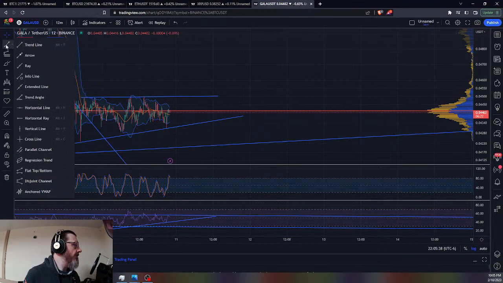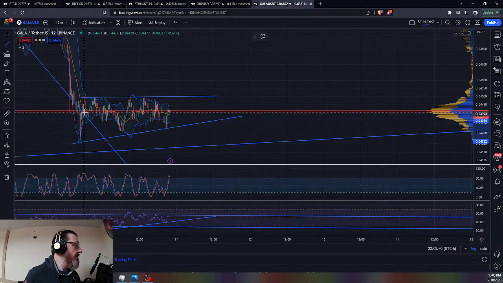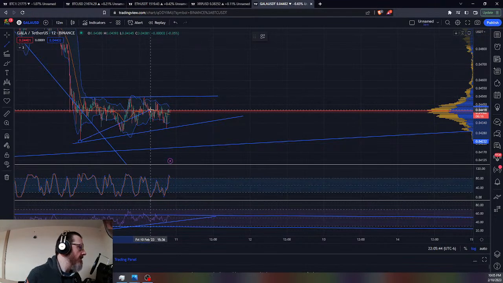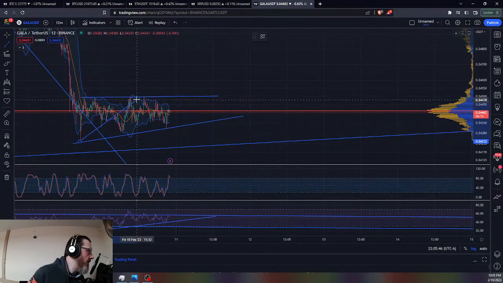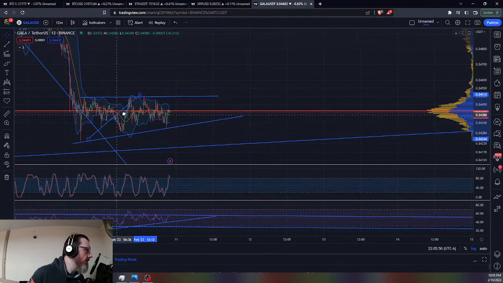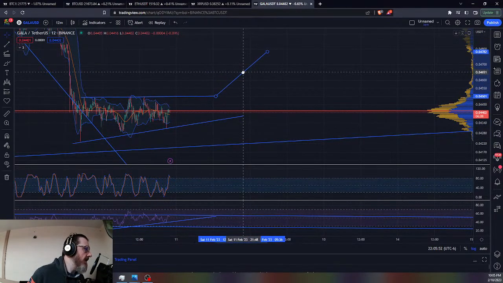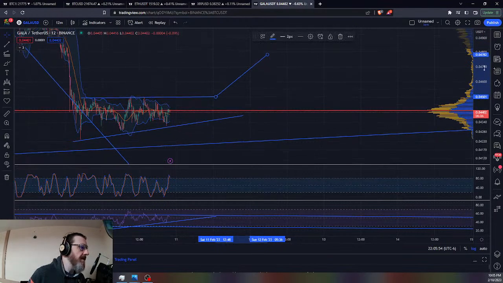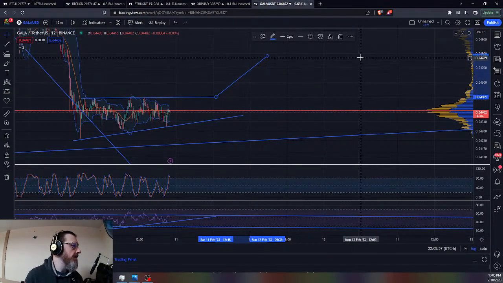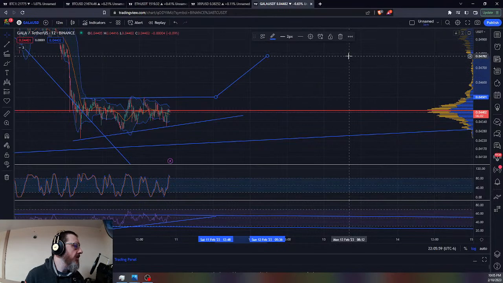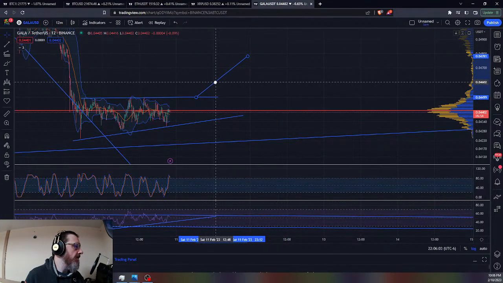So if we take a measured move on this, I think this is a super likely scenario here. And when I say super likely, once again, like 68-32 probability. You can see the measured move on that. Let's swing this back just a little bit.